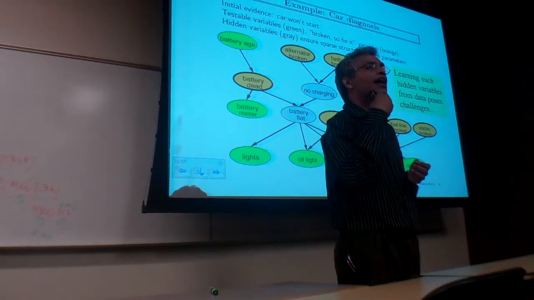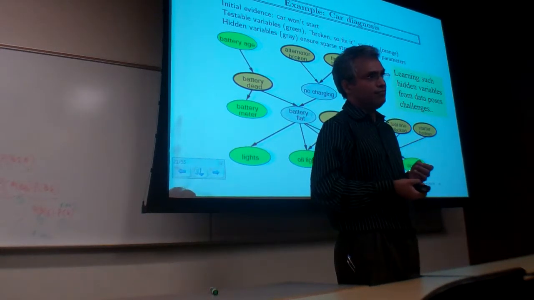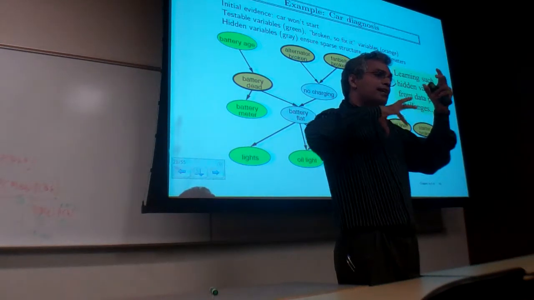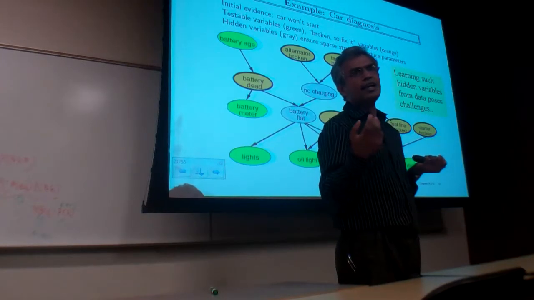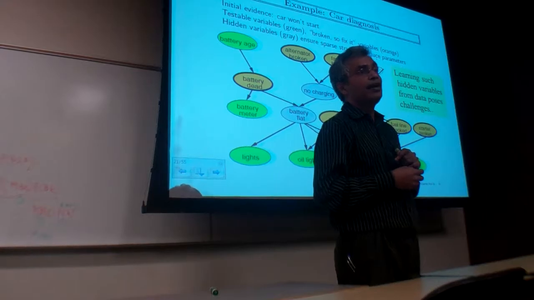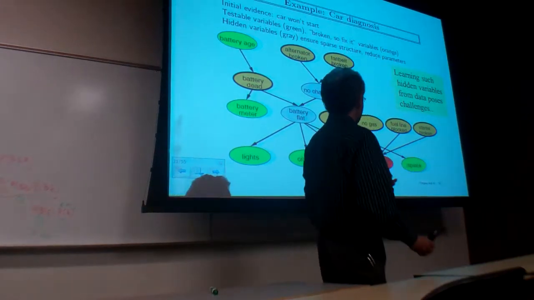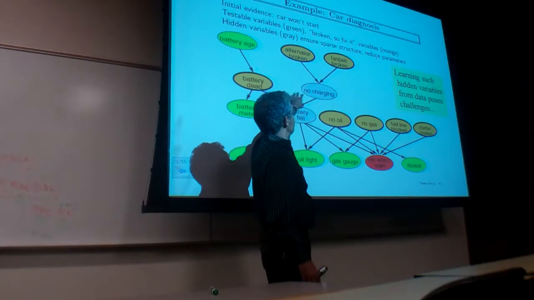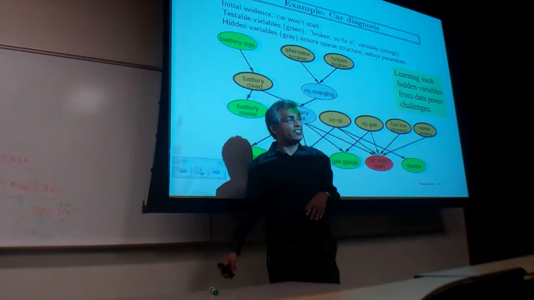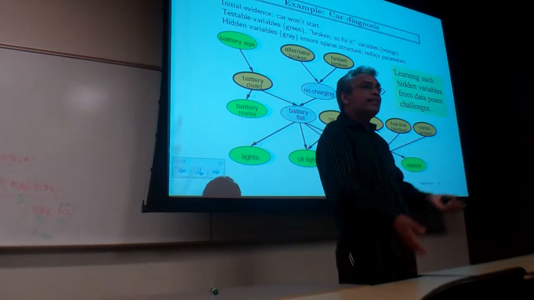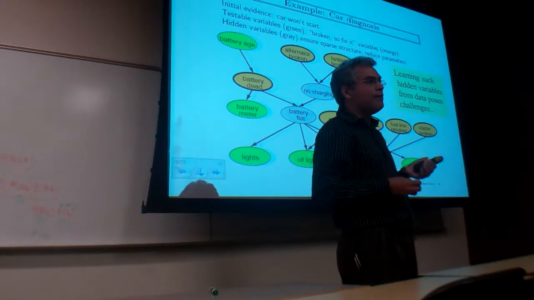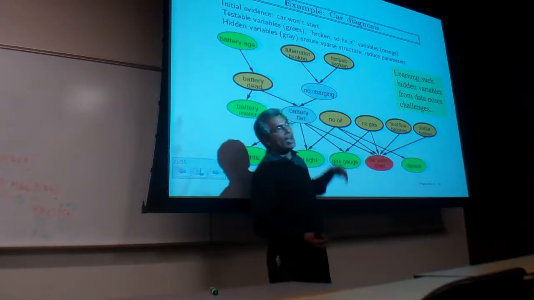Next comes when you have intermediate variables that are hidden. When there are hidden variables, learning winds up being connected to inference. And there is an algorithm that some of you may have heard of called the EM algorithm, expectation maximization. What you wind up doing is you make up some distribution, some parameters as to how these guys affect no charging, and use those current parameters to infer what the actual value of no charging is.